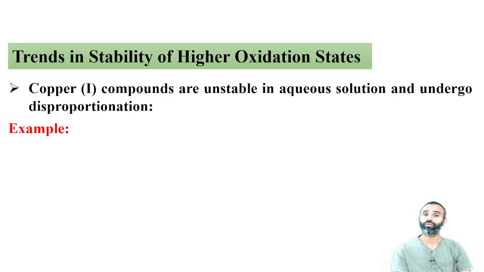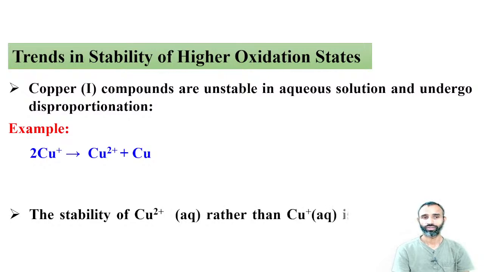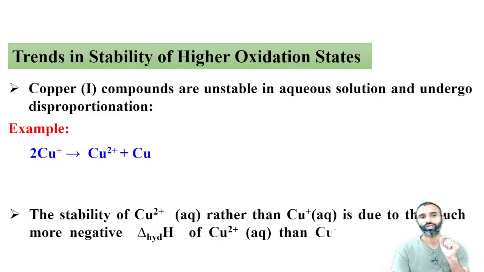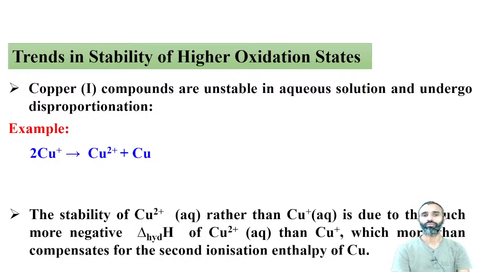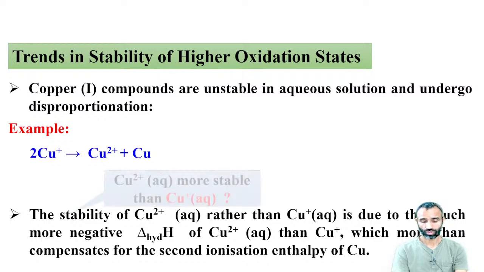So copper 1 compounds are unstable in aqueous solution and they undergo disproportionation. So stability of copper 2+ rather than copper 1+ is due to much more negative hydration enthalpy of copper 2+ than copper 1+, and it more than compensates the second ionization enthalpy of copper.